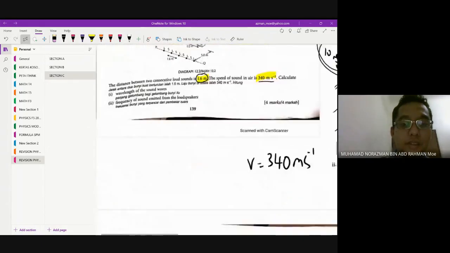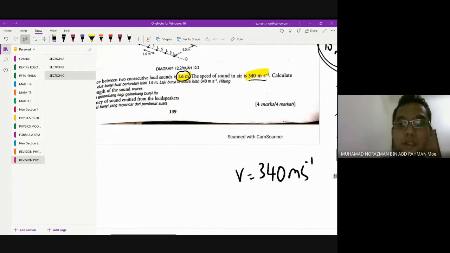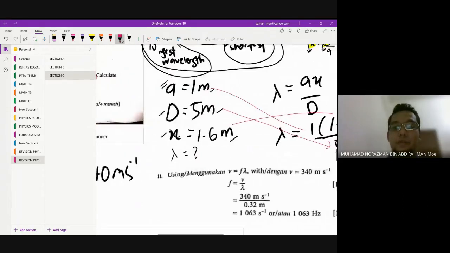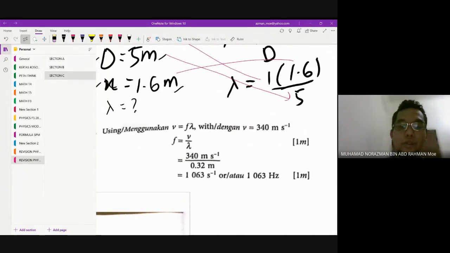Next question, the frequency of sound emitted. From this question also, the speed of sound is given. The question wants you to find the frequency, given V. V is given, 340.